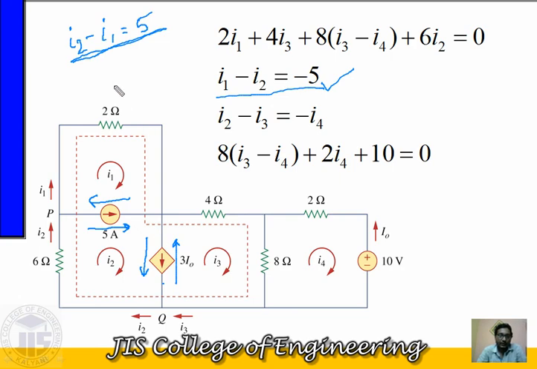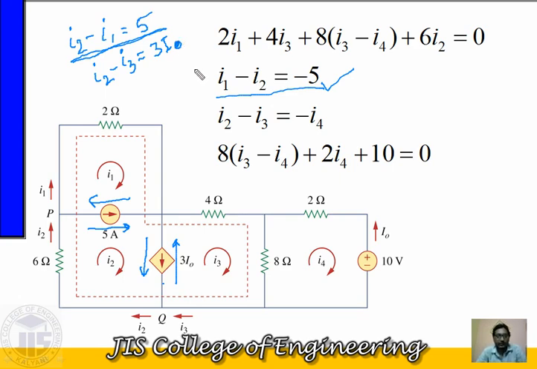So the up to downwards current is I2, and similarly the I3 current is down to upwards, so minus I3, is equal to the current of this current source, that is 3 into I0.